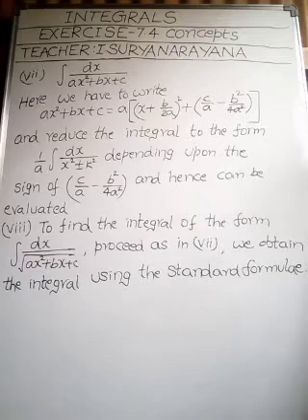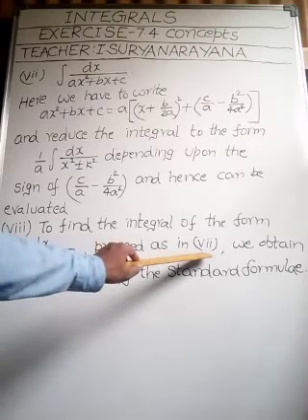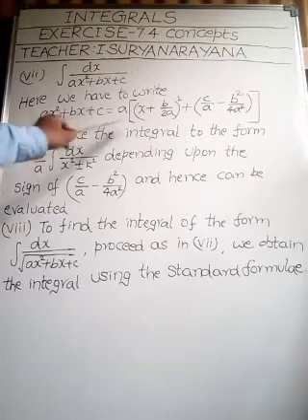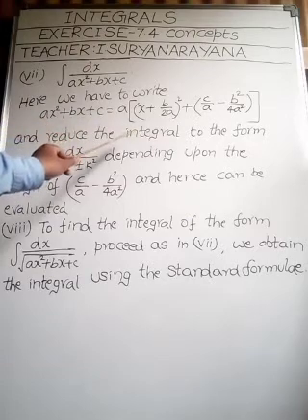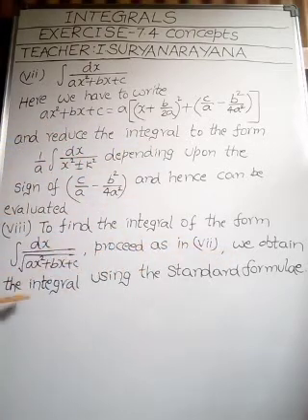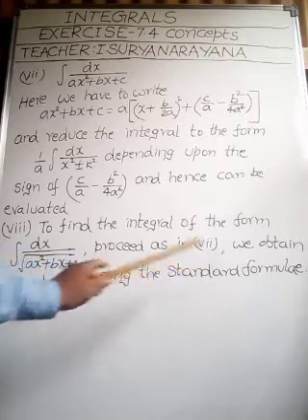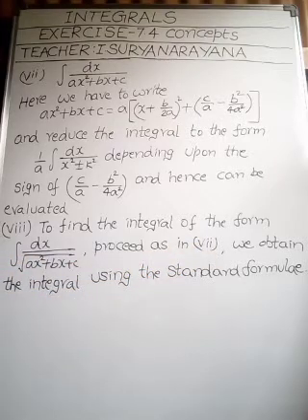They have not given the x term, but here the x term is also given. So to find the integral of this function, we proceed as in the 7th formula. We follow the same steps, obtain the integral using the standard formula, and then apply the relevant integral formula to find the integral of the function. Understood this point, my dear children?